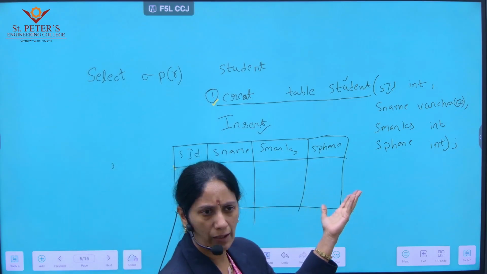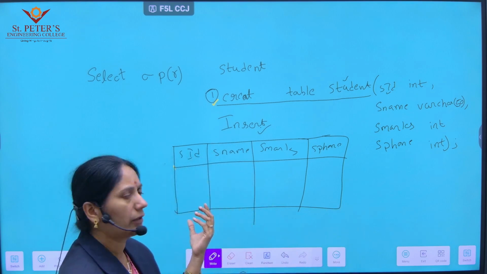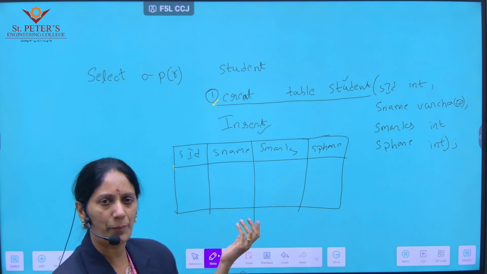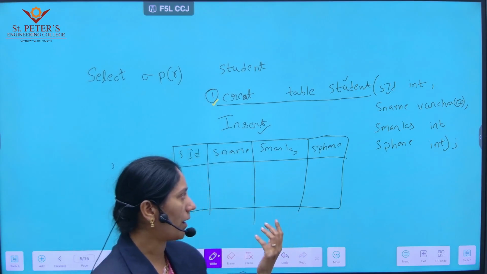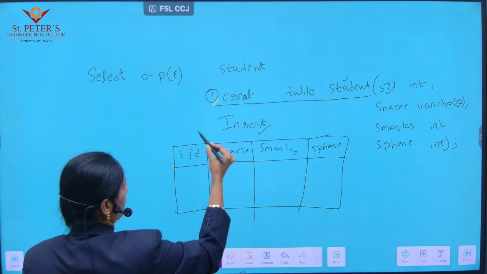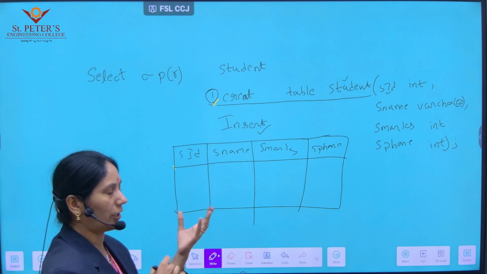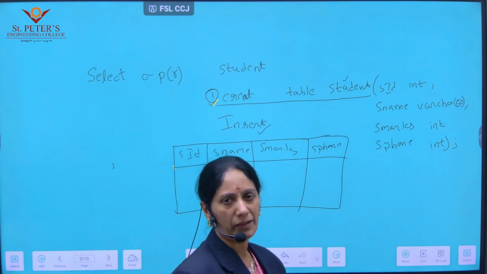Now I can enter the creation of the table. Create table name student: ID integer, name varchar, marks integer, phone number integer. Whenever we execute this statement, creation of the table is done.